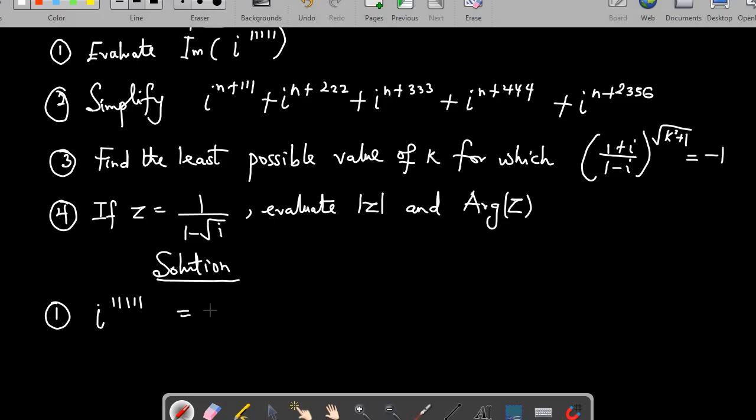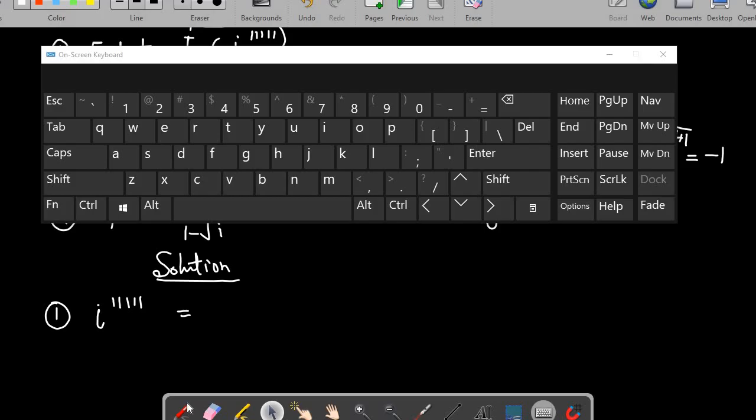We said that this can be broken into factors of 4. Once you can divide 11111 by 4, that would make the work very easy to solve. Okay, so let's see how we can do that very quickly.